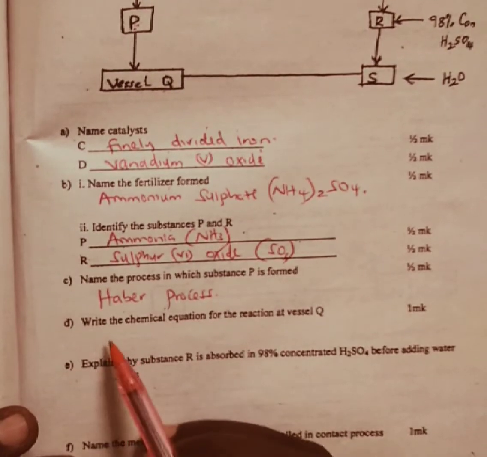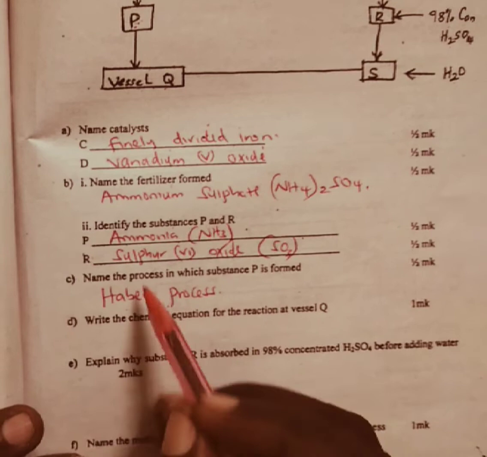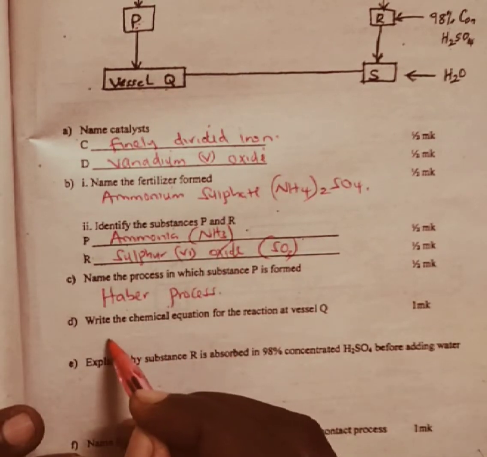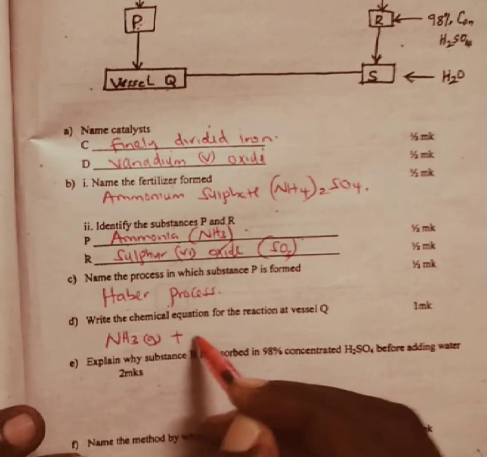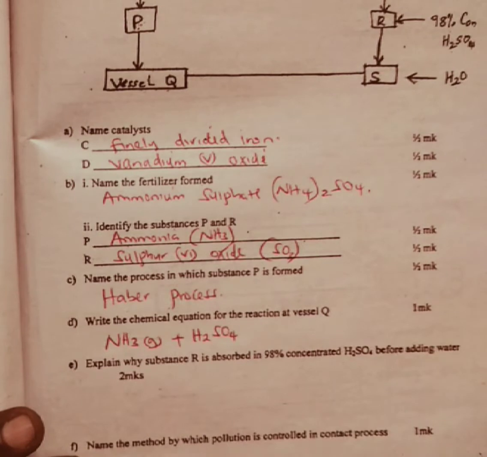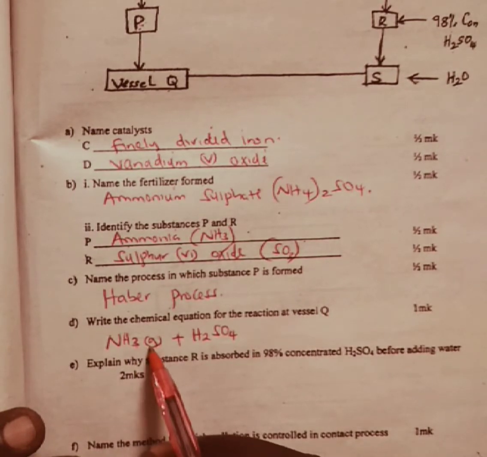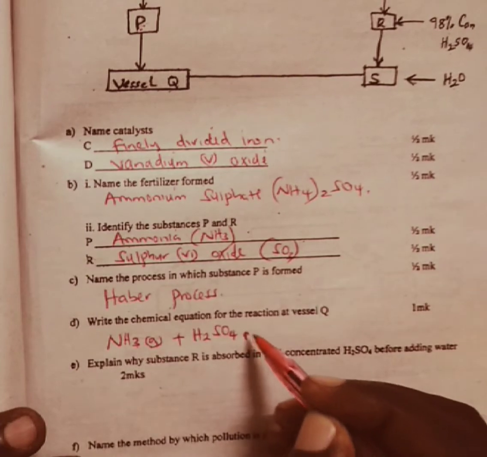Then D, write the chemical equation for the reaction at vessel Q. At vessel Q we have ammonia gas reacting with concentrated sulfuric acid. We have NH3, which is ammonia, plus H2SO4, that is concentrated.